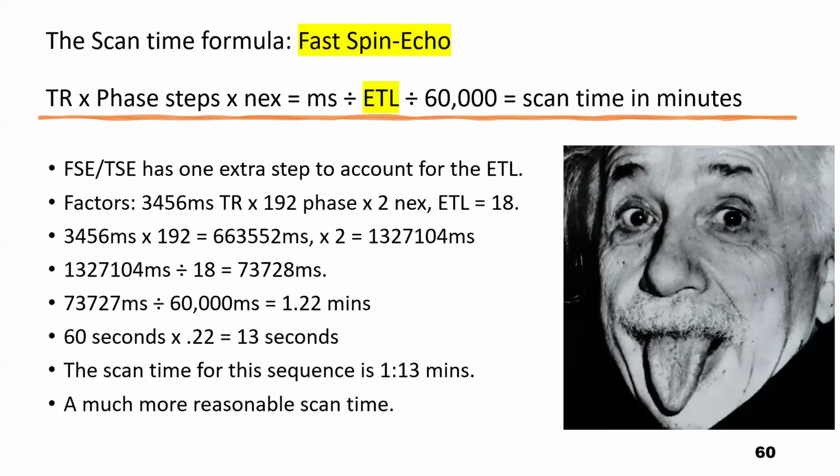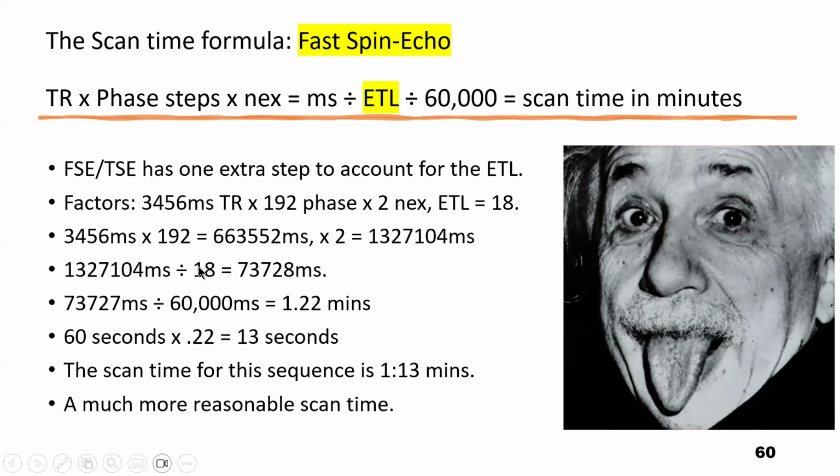The next one is going to be fast spin echo. The variation here is you have to calculate for your echo train length. TR times phase times NEX, divide by your echo train, divide by 60,000. There's your scan time in minutes. So let's do that T2 that we just did, but throw in an echo train.